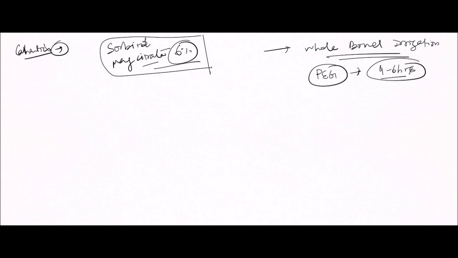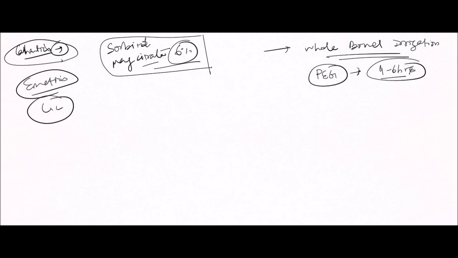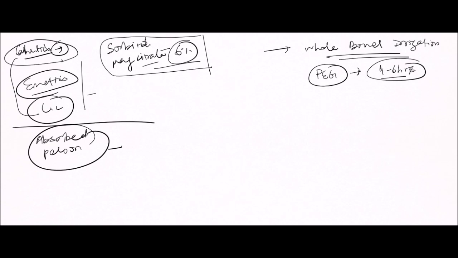So these are the methods like cathartics, emetics, and gastric lavage for removing unabsorbed poison. Now, how to remove absorbed poison? The poison is already absorbed in the blood.